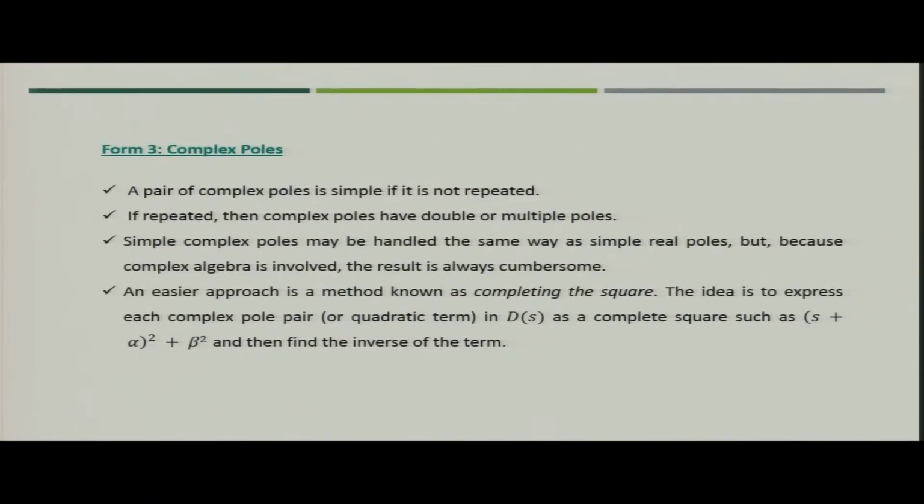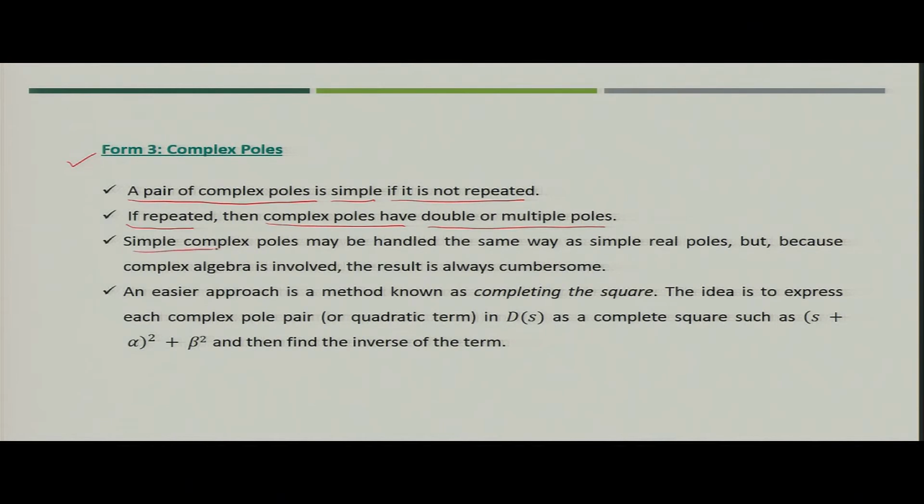Now, we have a third case where we have complex poles. A pair of complex poles is simple if it is not repeated, and if it is repeated then complex poles have double or multiple poles.